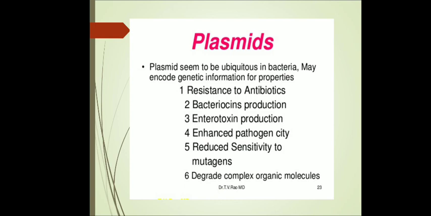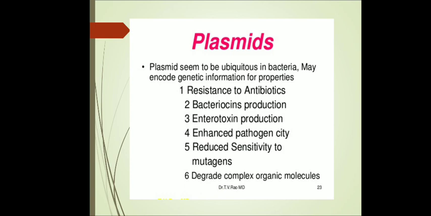So what are the functions of plasmid? Plasmids are called ubiquitous in bacteria, meaning they are present everywhere in the bacterial cell. They may encode or consist of the genetic information of that cell. So we'll study the functions of plasmid one by one. The first function is resistance to antibiotics.